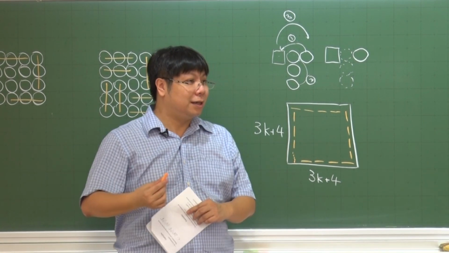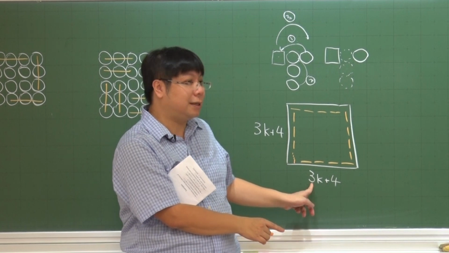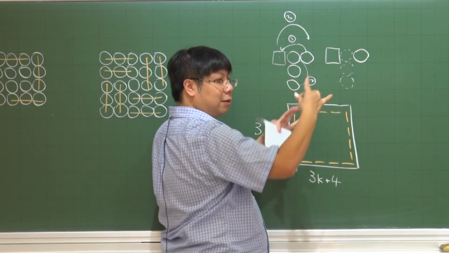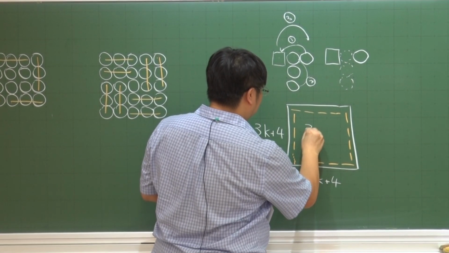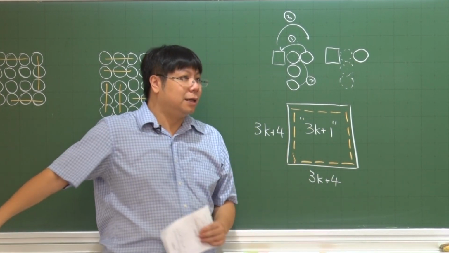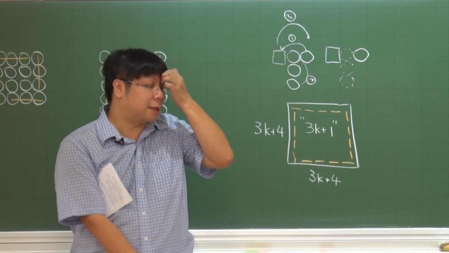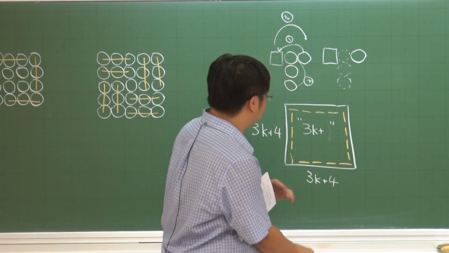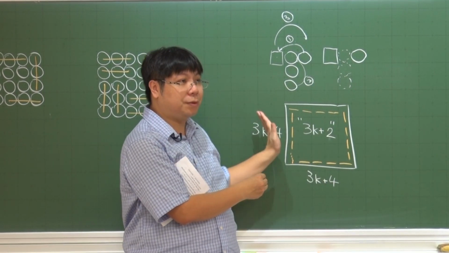Is that okay? So if it is a 3k plus 4 times 3k plus 4 case, then we can remove the outer surface, and then we are left with a 3k plus 1 case. So if a 3k plus 1 case can be solved, then we can solve 3k plus 4. So that's why we have 3k plus 2 plus 2 it should be. Yeah, because we are removing 2 out of 3k plus 4.